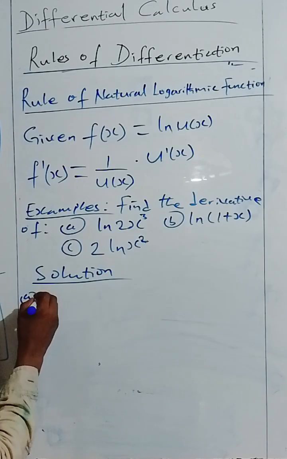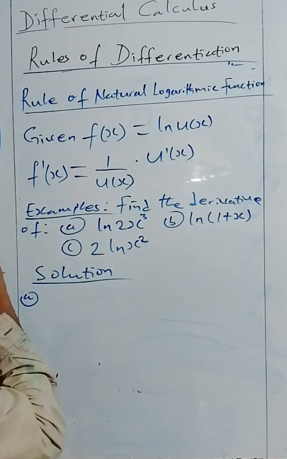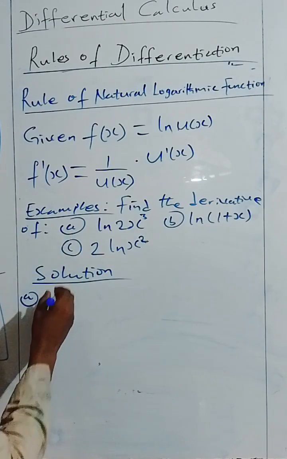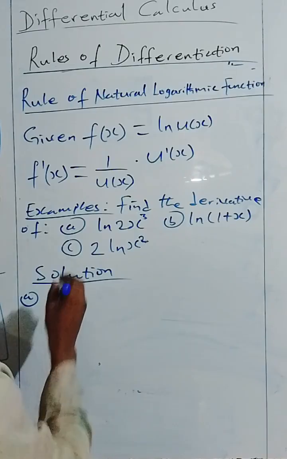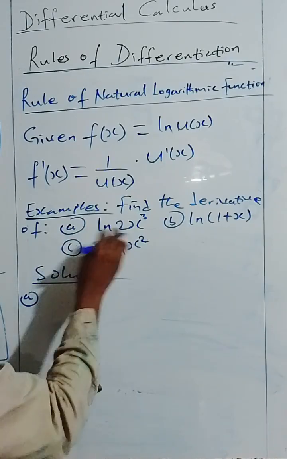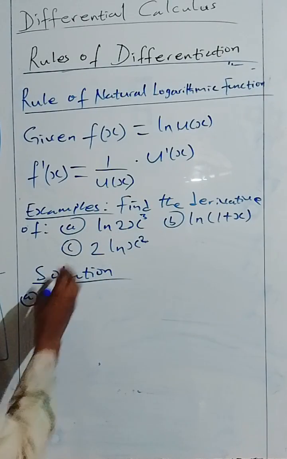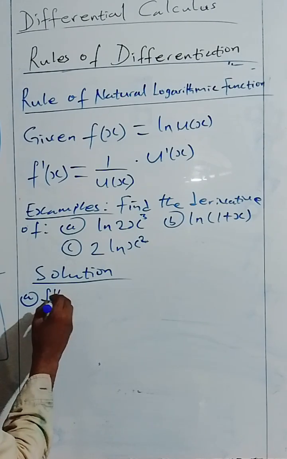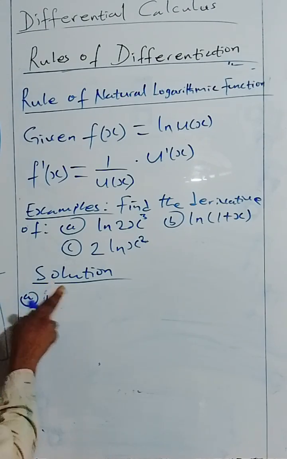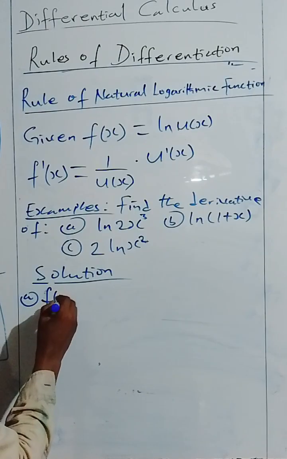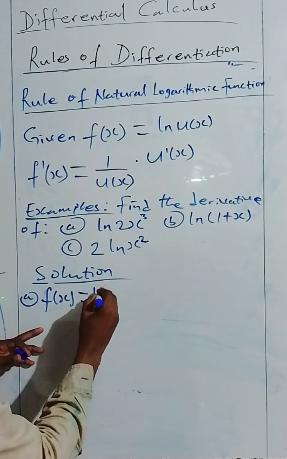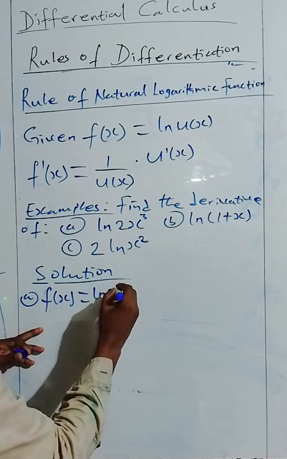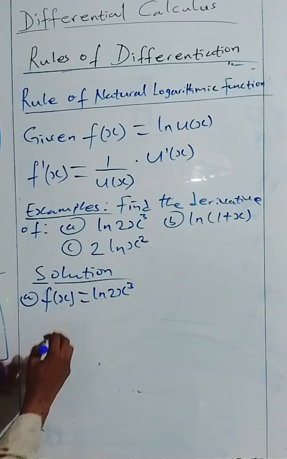For the first one, A, we have f of x equals ln of 2x raised to the power 3.